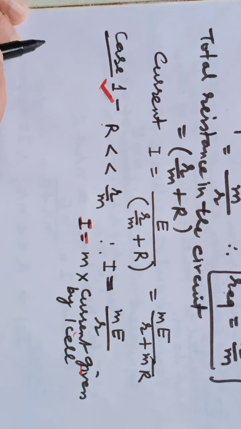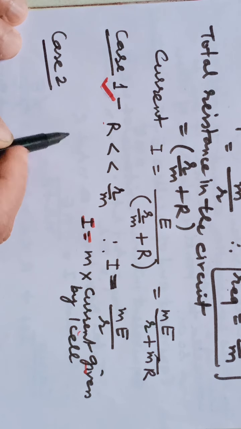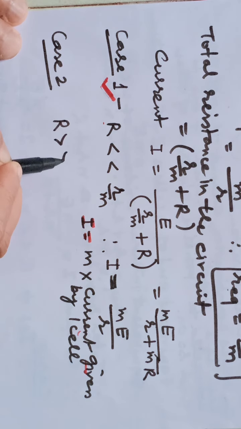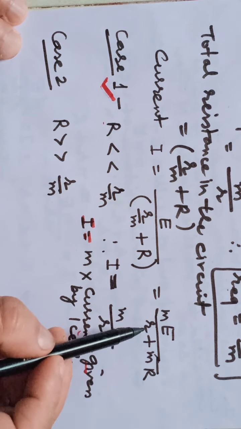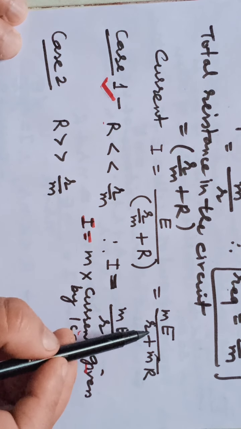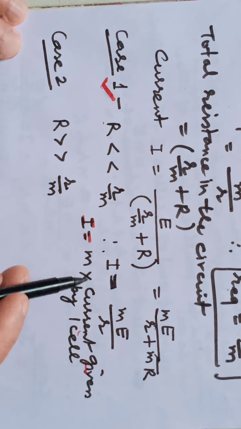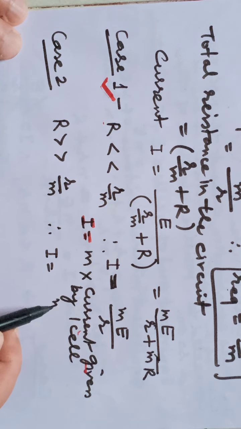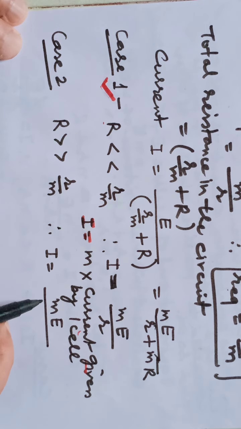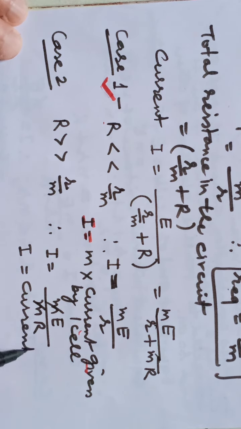Now let us discuss case 2. When the external resistance is larger than r upon m, we drop small r, because small r is very small. Therefore the current in the circuit is mE upon mR. So m cancels out, and this is nothing but the current given by one cell.